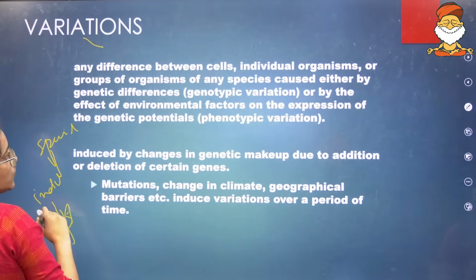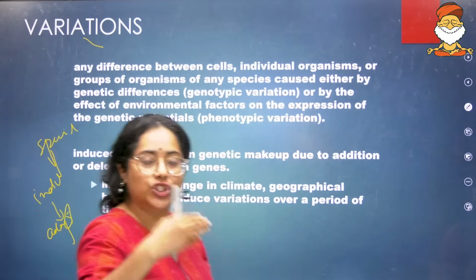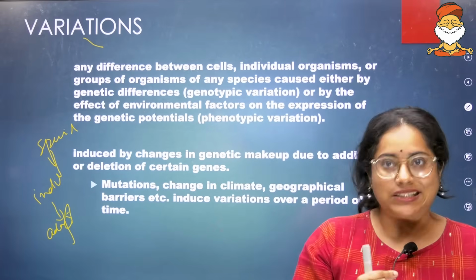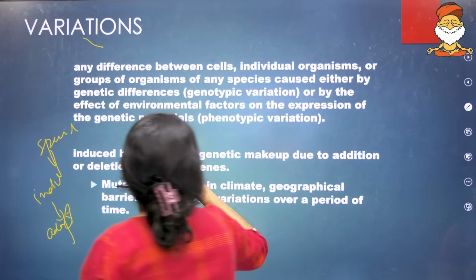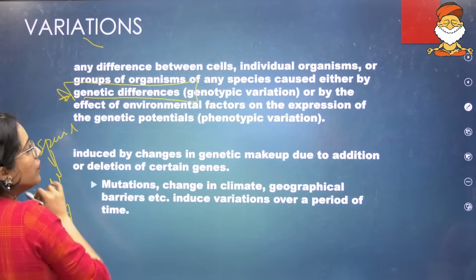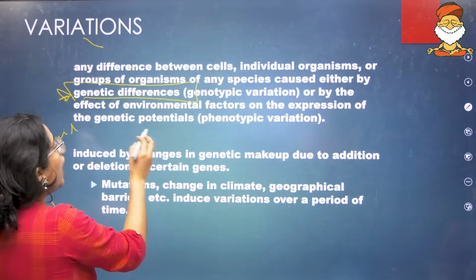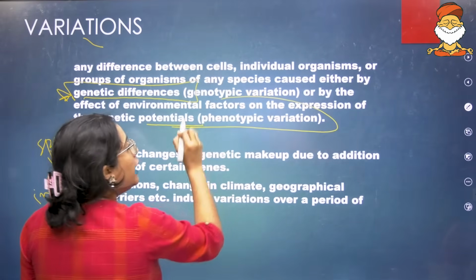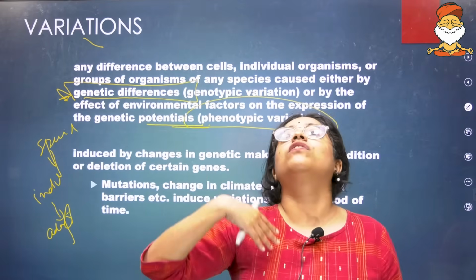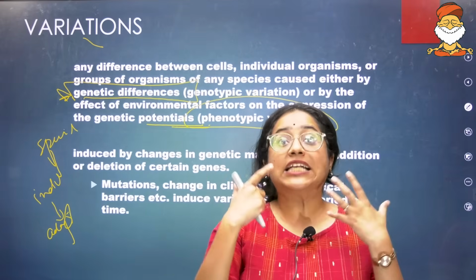What happens is, eventually as you go generation by generation, these differences start showing up either as genetic differences or as something that is there in your genomes, but it will not always get expressed outside.